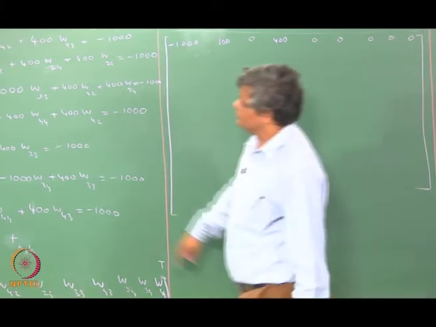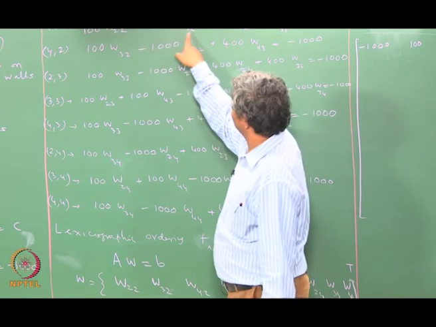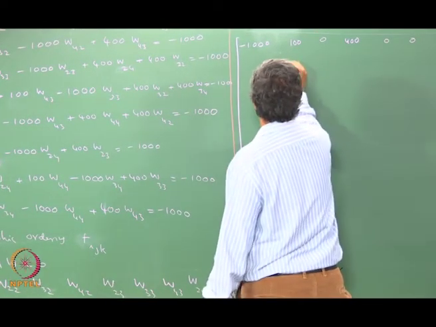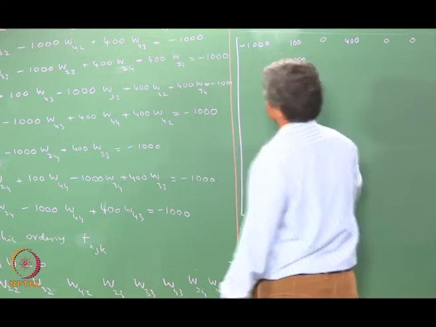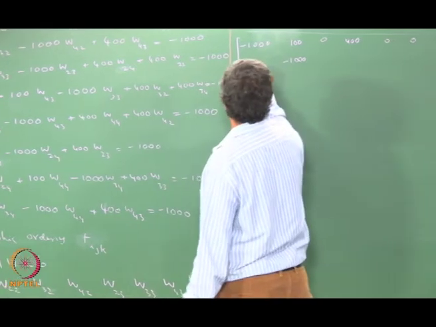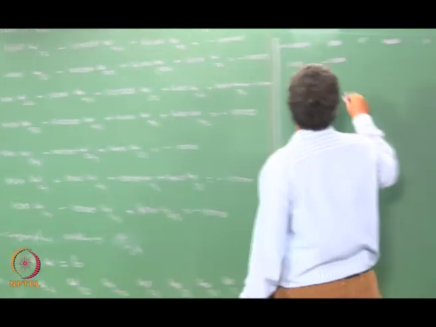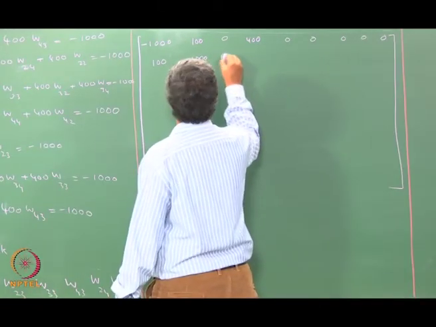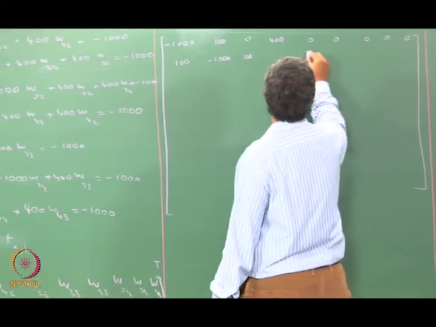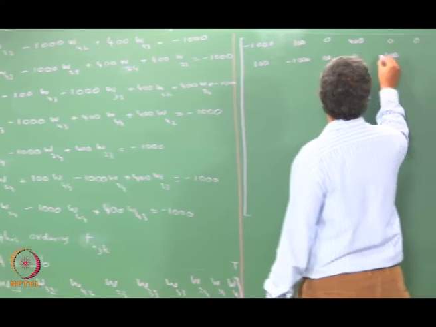Okay. Now you come to this equation here, and W32 is minus 1000, W22 is 100, W42 is 100, W33 is 400, and all the others are 0.